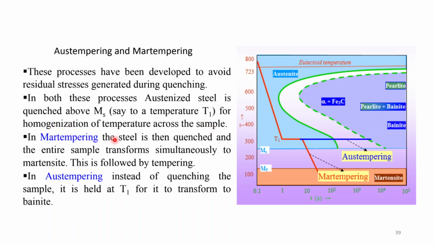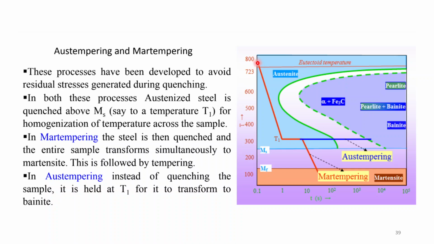In martempering, the steel is then quenched and the entire sample transforms simultaneously to martensite. This is followed by tempering. In austempering, instead of quenching the sample, it is held at T1 for it to transform to bainite. Okay, so here are the paths that are shown.